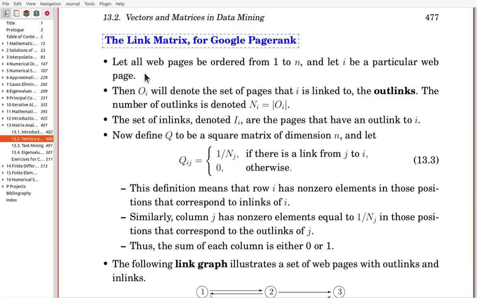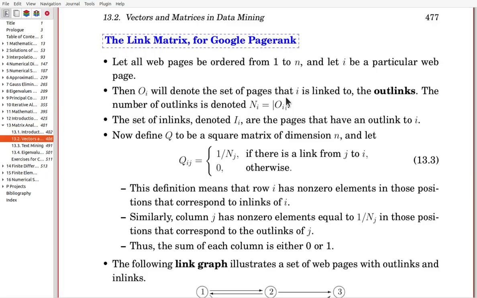Let all web pages be ordered from 1 to n. There are n web pages, and i is a particular web page, the ith one. Now, O_i denotes the set of pages that i is linked to. So these are outlinks. That means the ith page has some links inside.